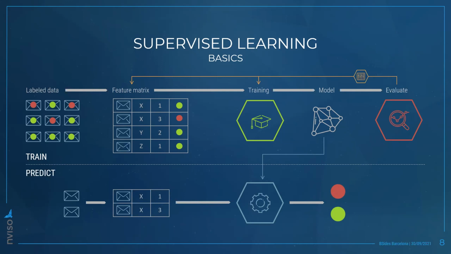The same principle can be applied, for example, or is already applied for malware detection, where you then, of course, extract features from a binary to see whether it's a good or bad executable, for example, you're dealing with.